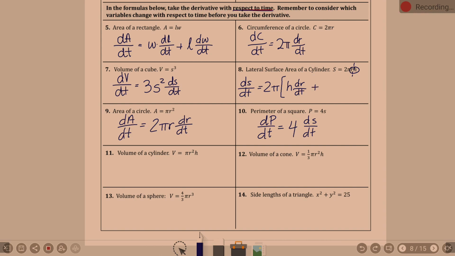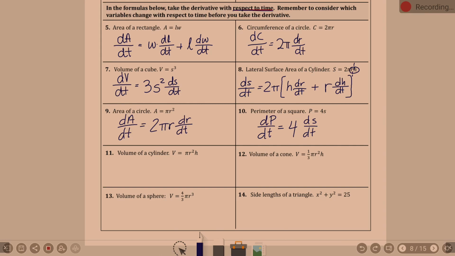And now? R dh dt. So we're going to keep the R. Derivative of H is 1, and then times dh dt. You could leave your answer like that. If you had assigned the 2 pi to go with the R, you would just have a 2 pi on each term.